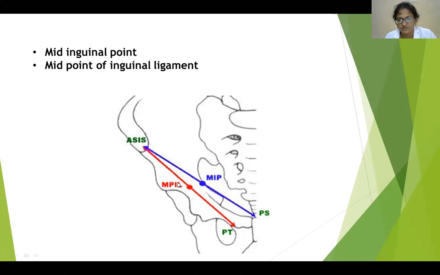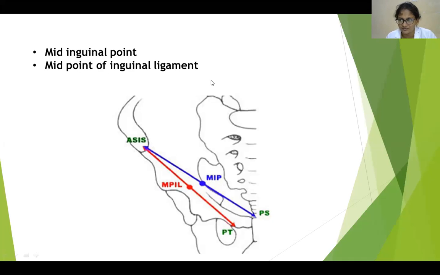What is the midpoint of the inguinal ligament? The midpoint of the inguinal ligament means the middle of the line between the anterior superior iliac spine and the pubic tubercle. This is the attachment for the inguinal ligament. This is the difference between the mid-inguinal point and the midpoint of the inguinal ligament.